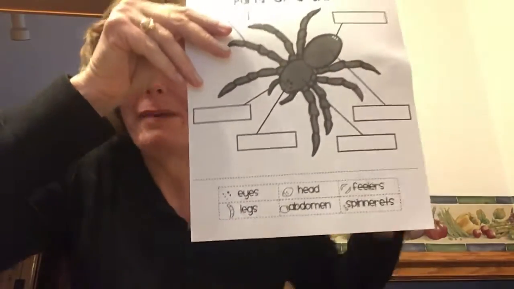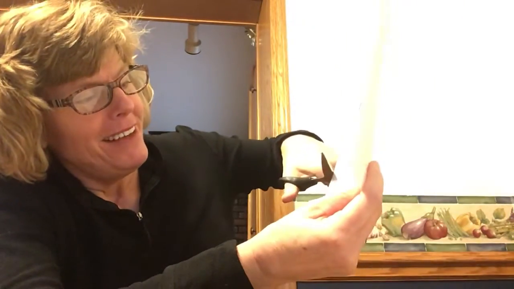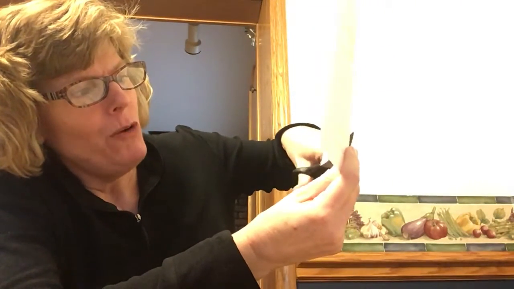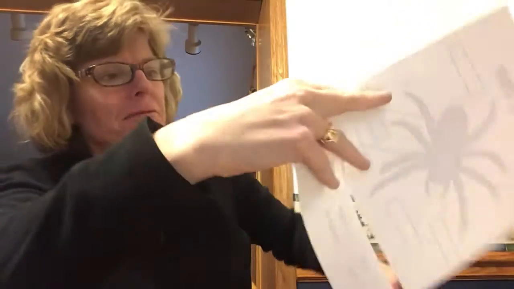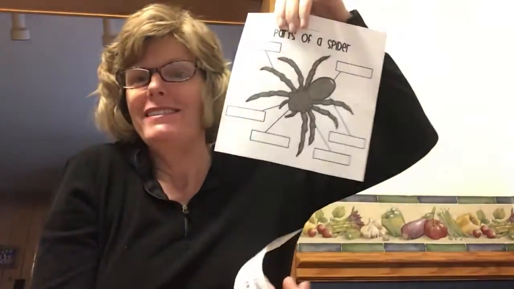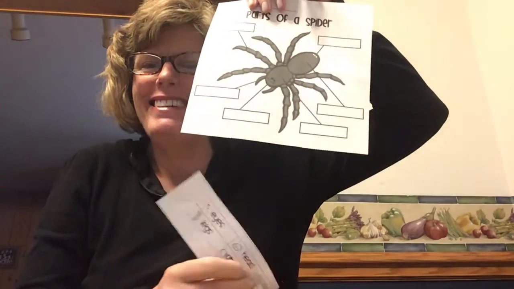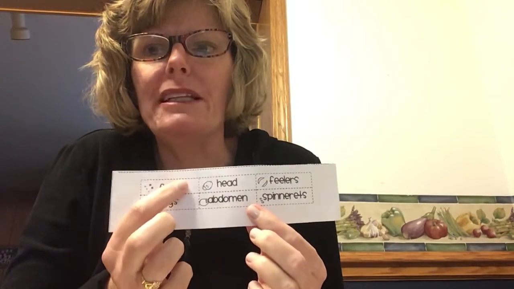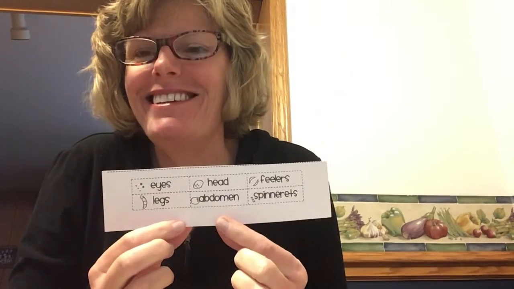So I'm going to take my scissors and I'm going to separate my paper. Here I go. I separated my paper. Guess what I'm going to do with the bottom part now? What do you think I have to do with these pieces? How many are there? 1, 2, 3, 4, 5, 6. Right. I'm going to cut those out.